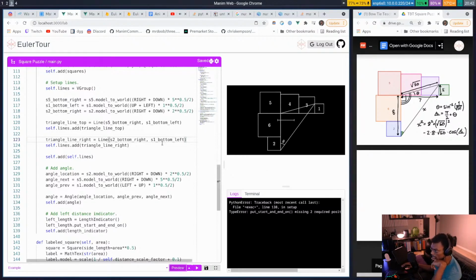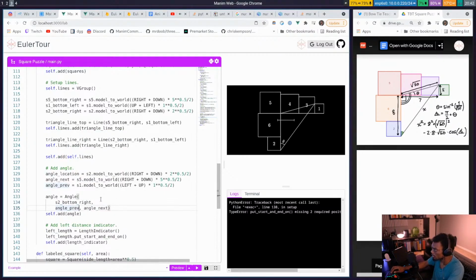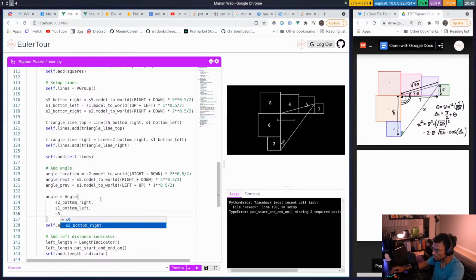Okay, so that's exactly the same. Angle location. Now I can simplify this. Actually, simplify all of these, I think. This S2 bottom right. Previous is S1 whatever. And the next is S5 bottom right. I actually wonder how this would look in one line.